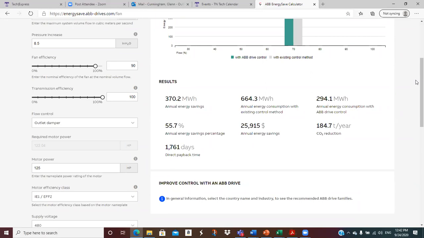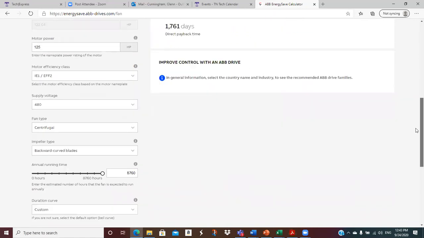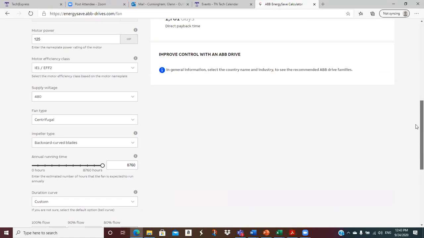So at 25,000, for 26,000, you're looking at 4.7. You ought to be able to install that for $200 a horsepower. So 200 times 125, that's like 25,000. Oh, 125,000 is different, I'm sorry. It's 150 per horsepower, I'm sorry.